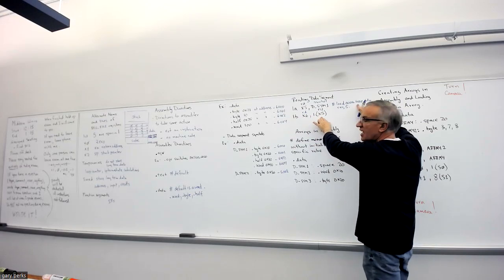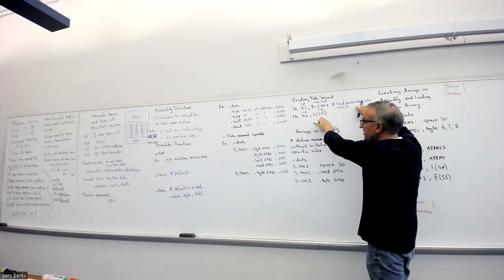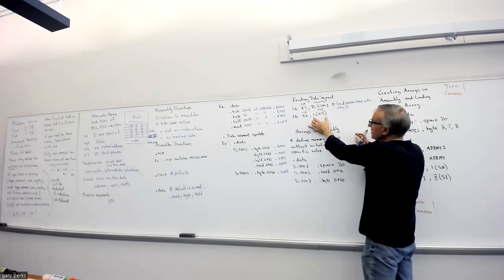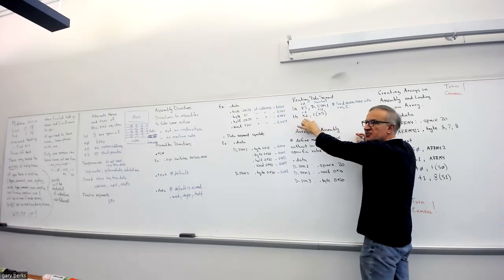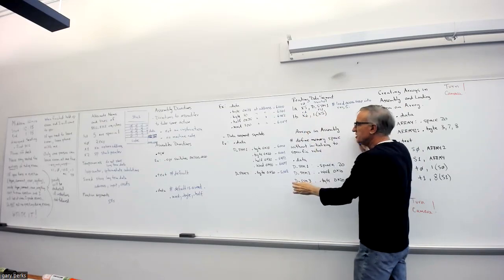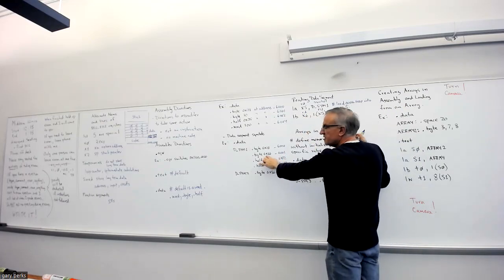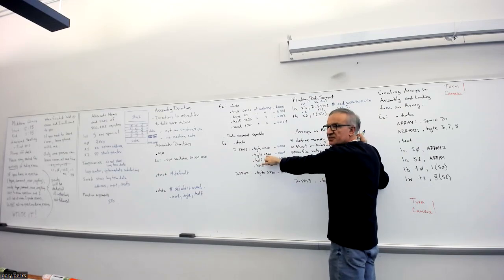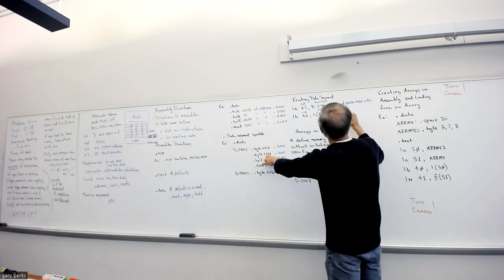If we put this hex 6000 into 5 with the LA command, it's going to take the contents of address 6001 and put it into register 6. So it would take this byte right here, this 20 hex, and put 20 hex into register 6.